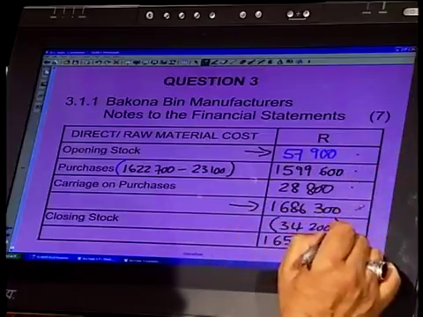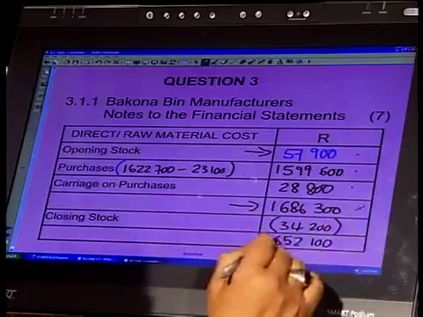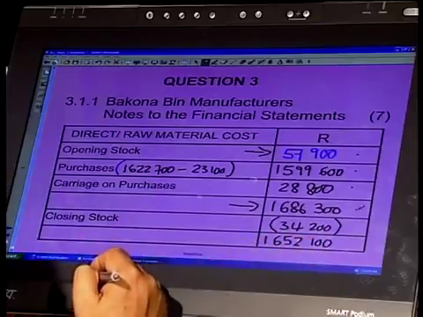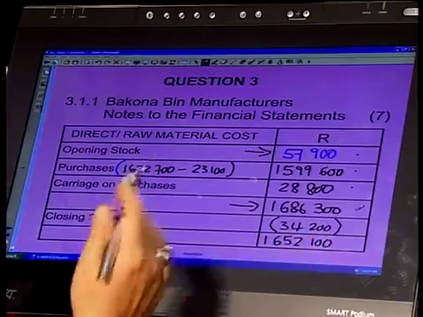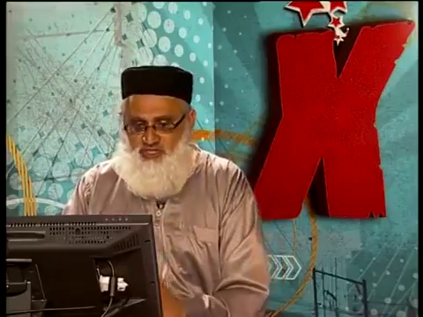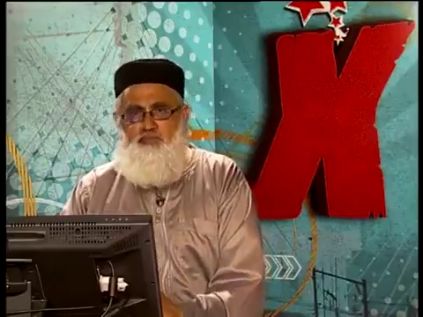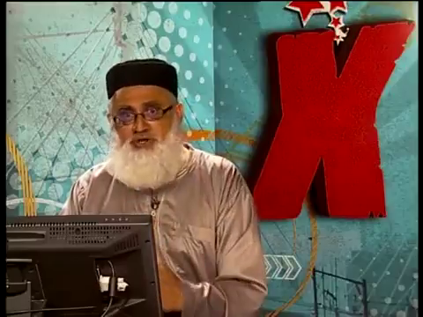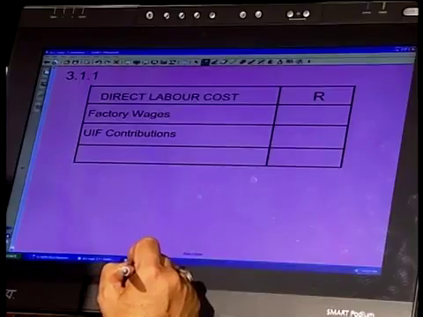I took that figure, which was a working figure. I worked up to that point. Remember, I added that plus that plus that to give me that figure, then I subtracted that figure to give me the 1,652,100. Note number one is done, the direct materials cost. Let's go on to the next question.